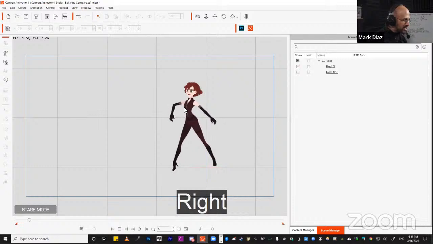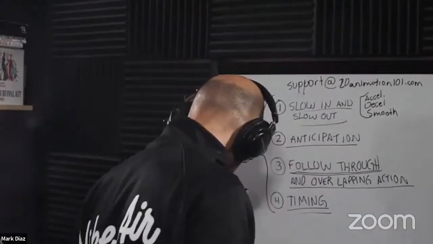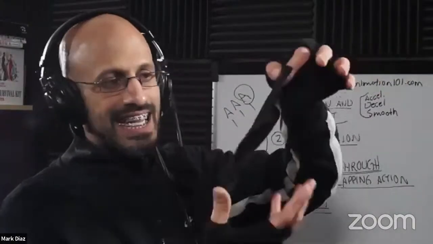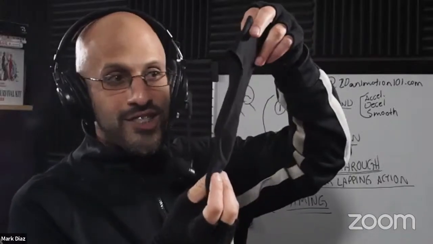Look at how she's doing a little bit of follow through, which is when some movement, when you move something, you can see that this part, because of the weight and because it's very light, is being dragged. So if we go frame by frame on this, it's going like this. And then I stop, and this is the overlapping action, right?